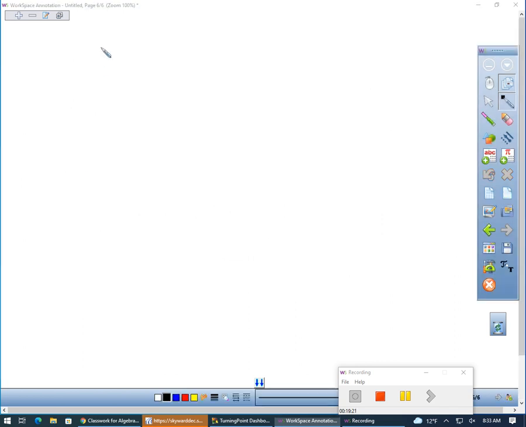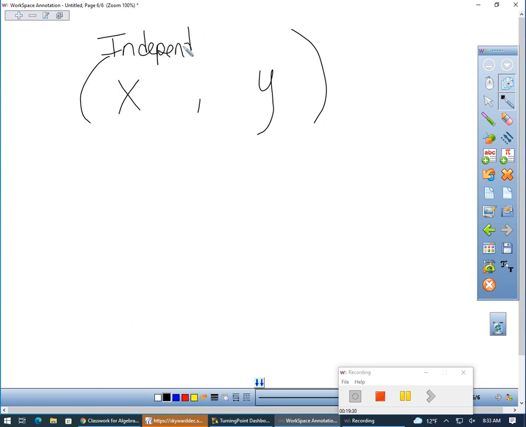So if I have a point (x, y), this is independent, and this is dependent. In the next example, you are going to have to set up 2 points with your independent and dependent values. Then find their rate of change.